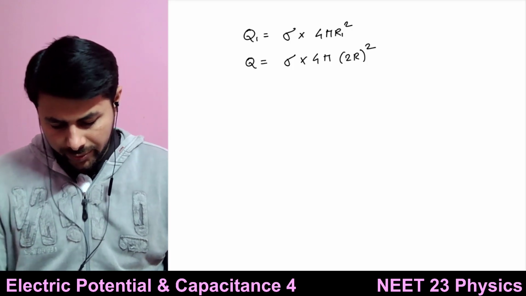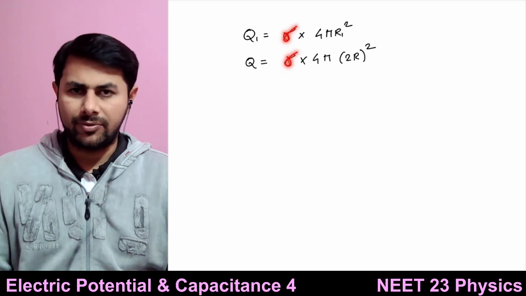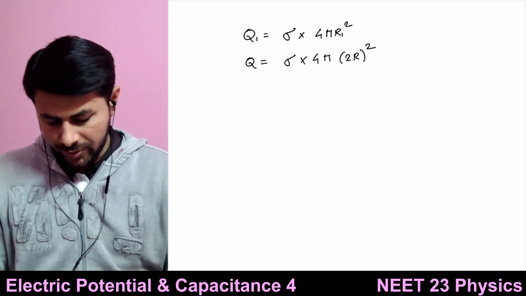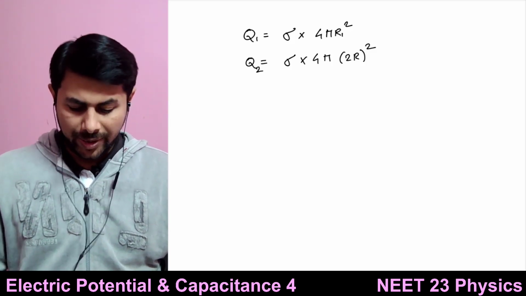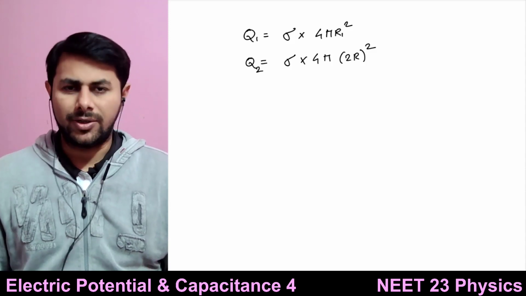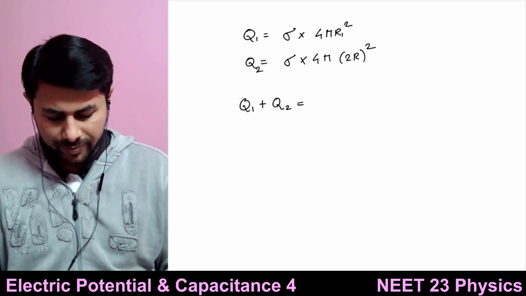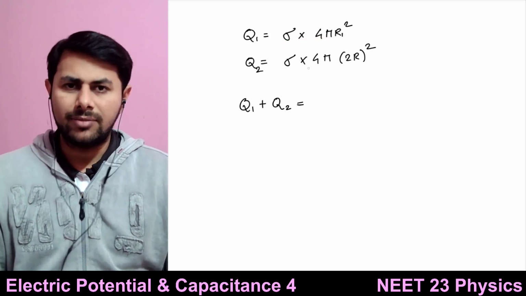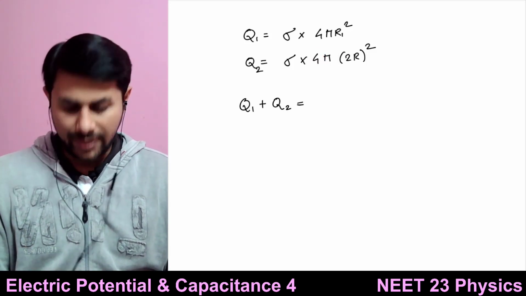Okay. So initially we have two surface charge densities equal. So Q1 is equal to sigma multiplied by 4 pi r1 square, and Q2 is equal to sigma multiplied by 4 pi r2 square, which is 2r square. But if you add up the total charge, it is sigma multiplied by 4 pi r square plus sigma multiplied by 4 pi into 2r square, which will be 4r square, right?